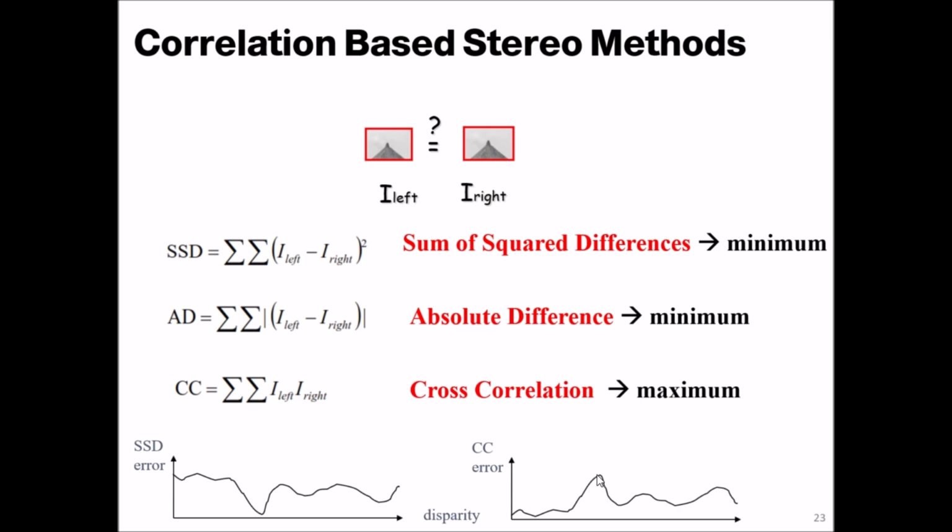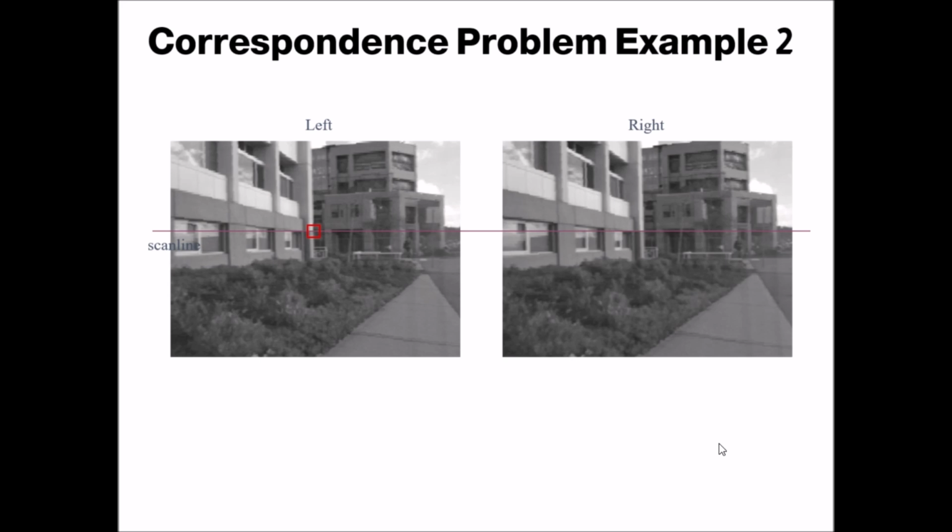Another example just to show you. Here in the left image, I select this point and this window around that point. I know that the change is on the x-axis, so I will find many windows on the x-axis and compare them based on the similarity equations.